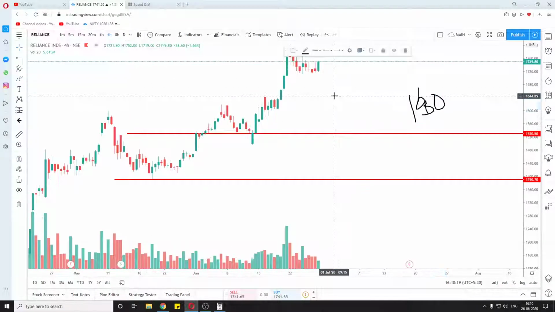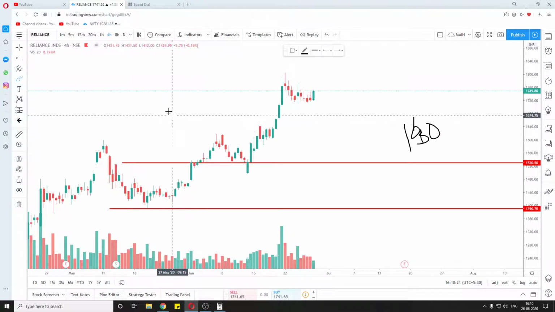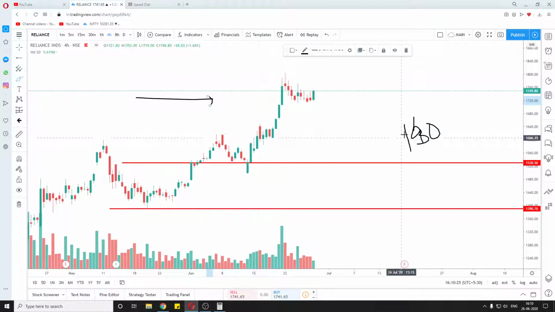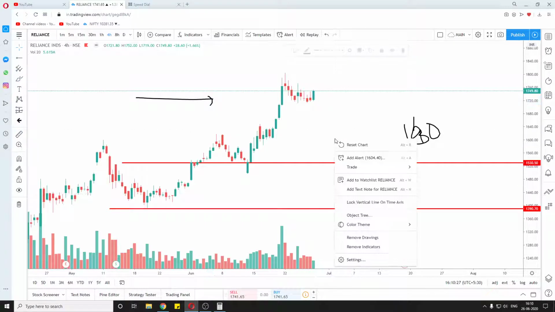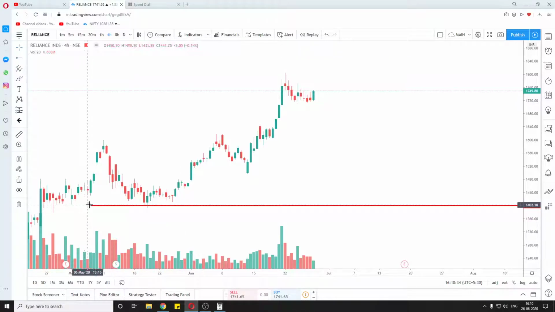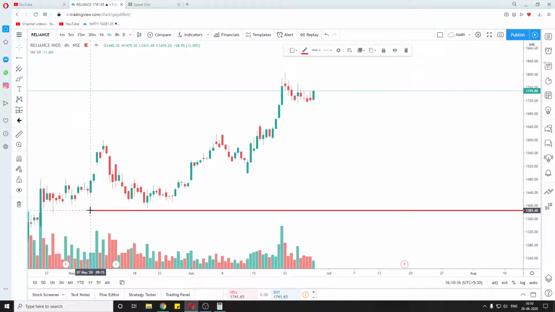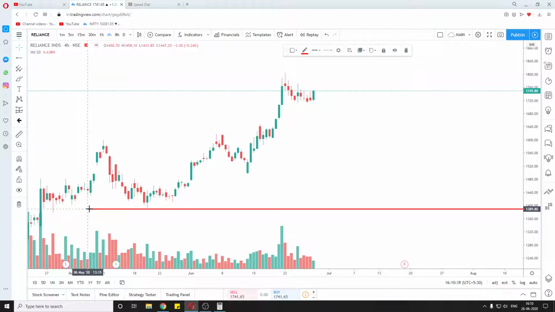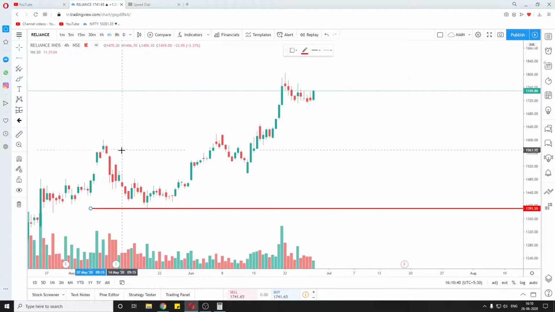For swing trading, we can even keep the target higher than a 1:1 ratio, a little higher. So now how do we manage this trade? Now we know that 1390 is our stop loss, and our entry is at 1530.